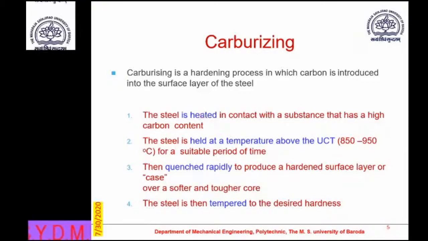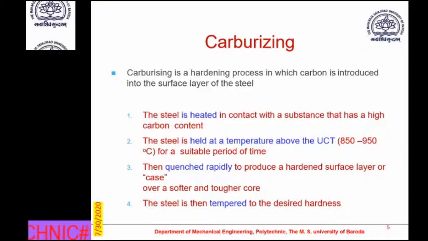So quickly revising, what are the stages in the carburizing process? We'll start with the first step. The steel to be heat treated is coated with a carbon rich powder.